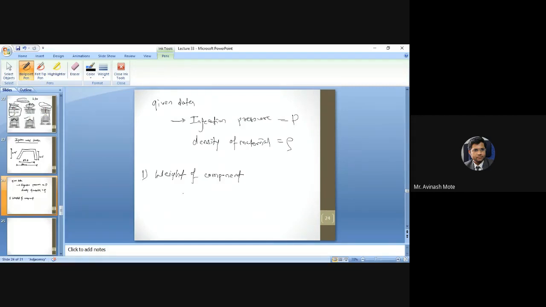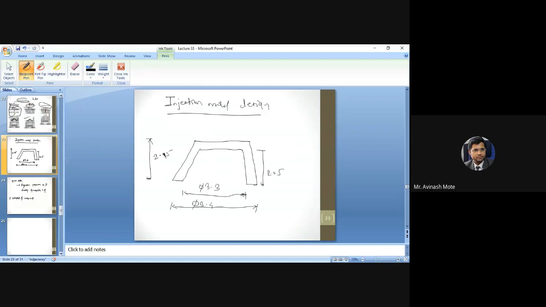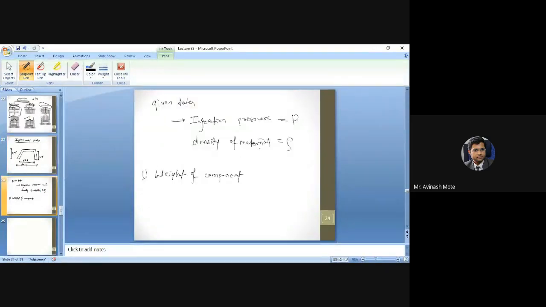Now if you check the weight of the component, here is the cavity. A larger diameter is 3.4, smaller diameter is 3.3, so wall thickness is around 10. Getting it? We want the weight of the component. We have the density of the material, or you can consider this as the density of the component, since material will confuse you.